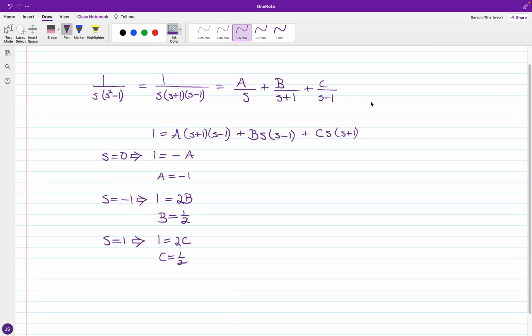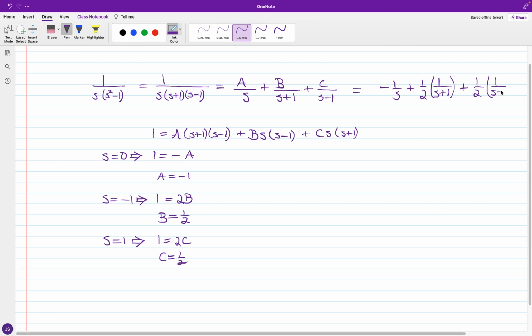So for the partial fraction decomposition, we have negative 1 over s, plus 1/2 of the reciprocal of s plus 1, followed by 1/2 of the reciprocal of s minus 1.